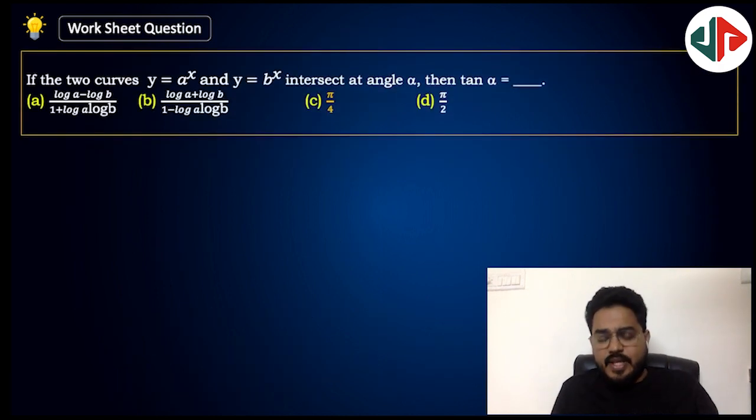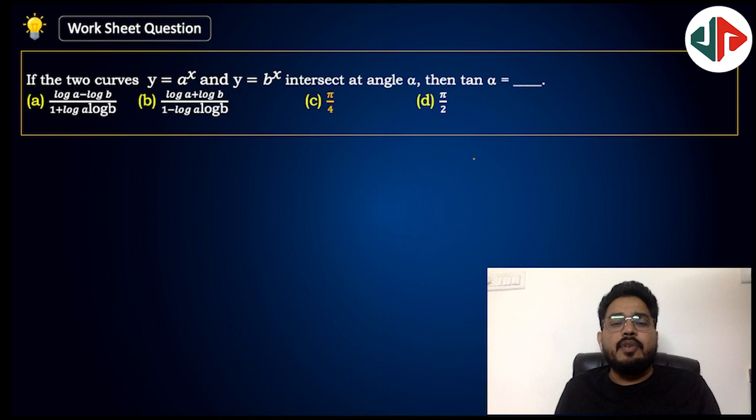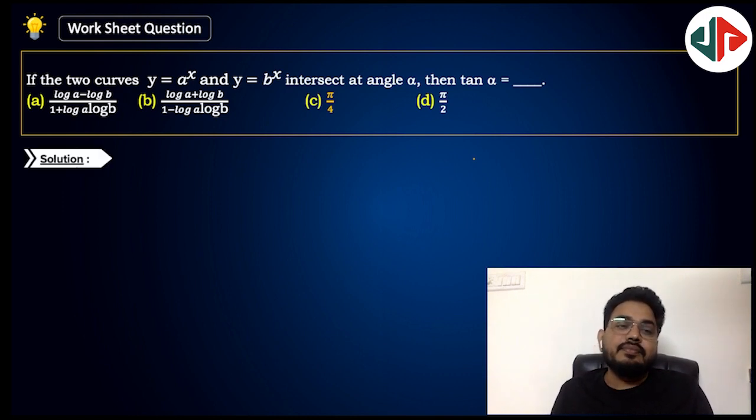If two curves y is equal to a power x and y is equal to b power x intersect at an angle alpha, what is tan alpha?